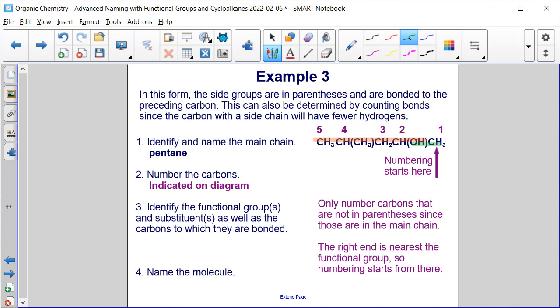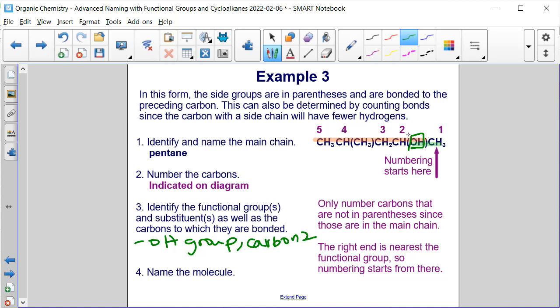And now we need to identify the functional groups and the substituents, as well as the carbons to which they are bonded. So in this case, that is the groups that are in parentheses. So I have an OH group, and it's on carbon 2, right?